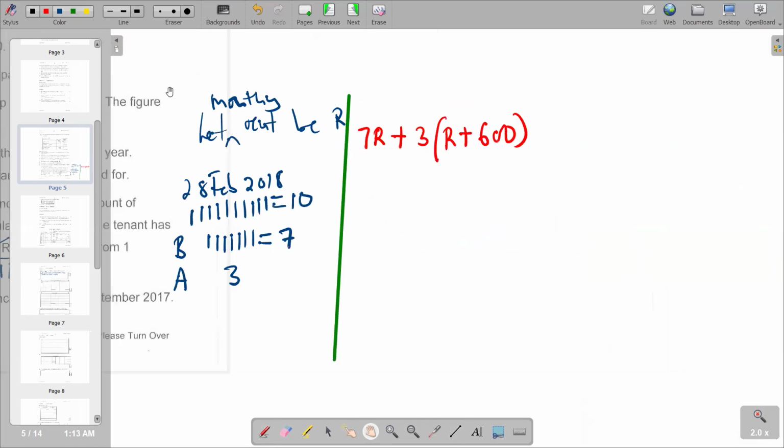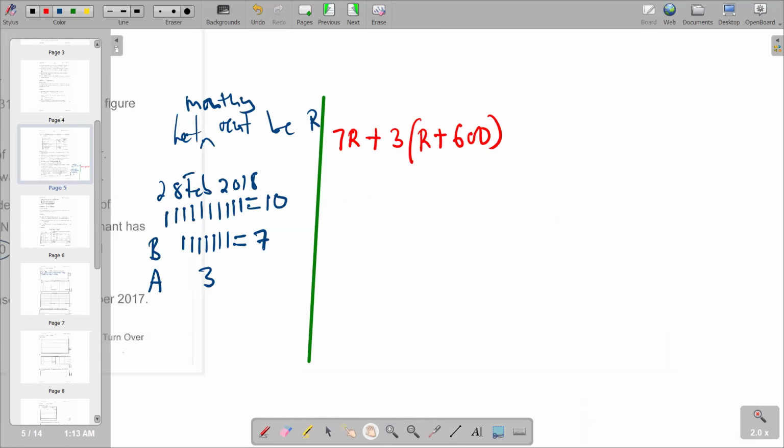So from there, we can simplify our calculation, whereby it becomes 7R plus, we remove the brackets, and it becomes 3 times R, 3R. 3 times 600 becomes 1,800, equal to 79,800.